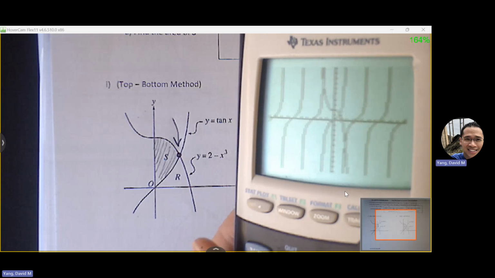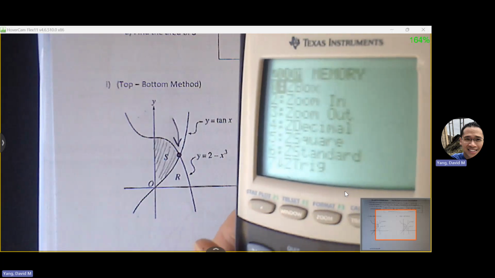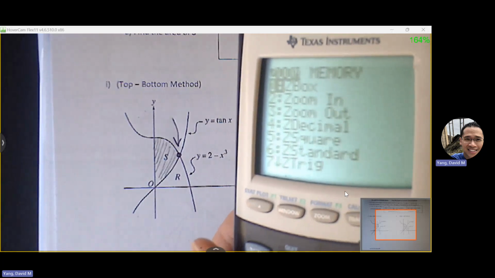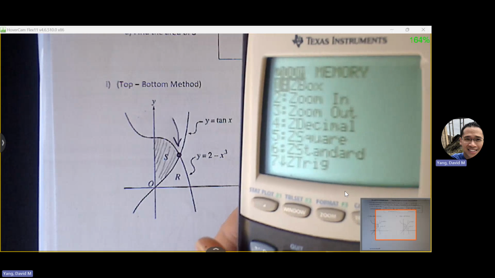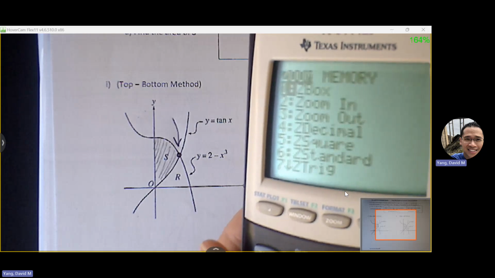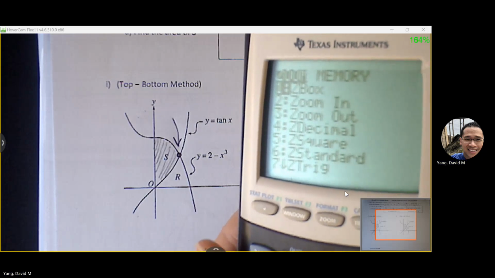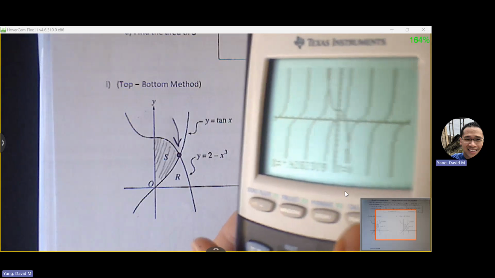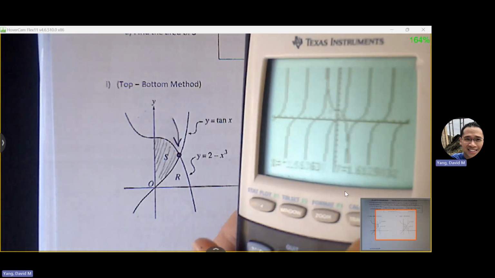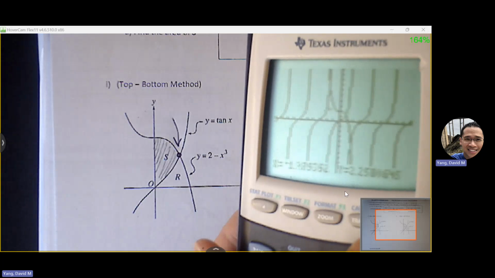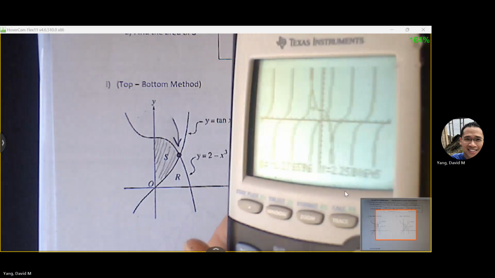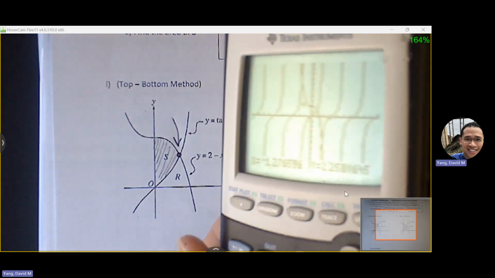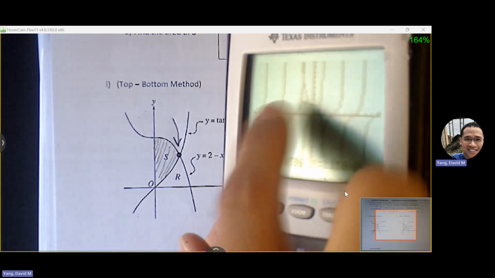So you can either go to window and adjust it, or you can go to zoom box and just draw a box around the region that you care to look at. So if I hit enter, at zoom 1, I'm just going to move my cursor to where I want the upper corner of my box to be. So I just moved it to that second quadrant somewhere.